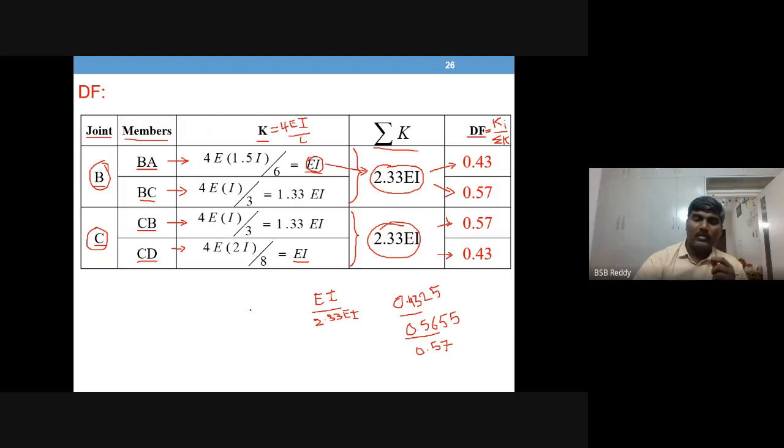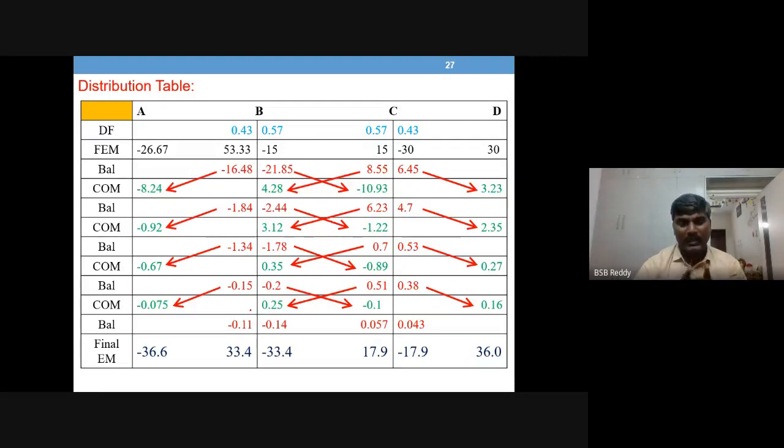Next, going for the distribution table, how you follow the moment distribution procedure.